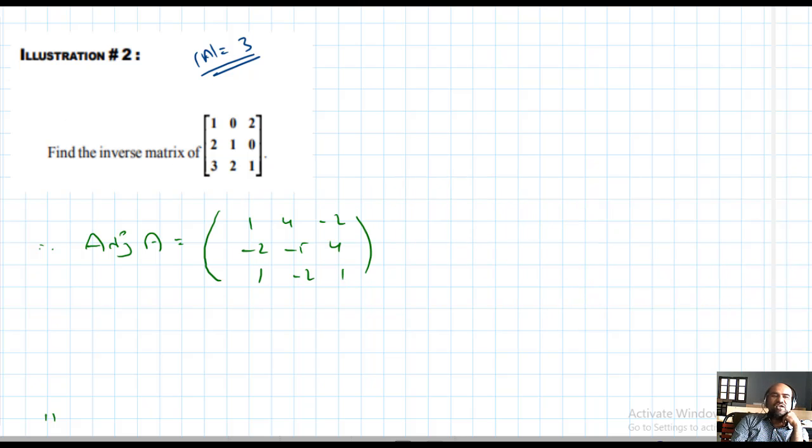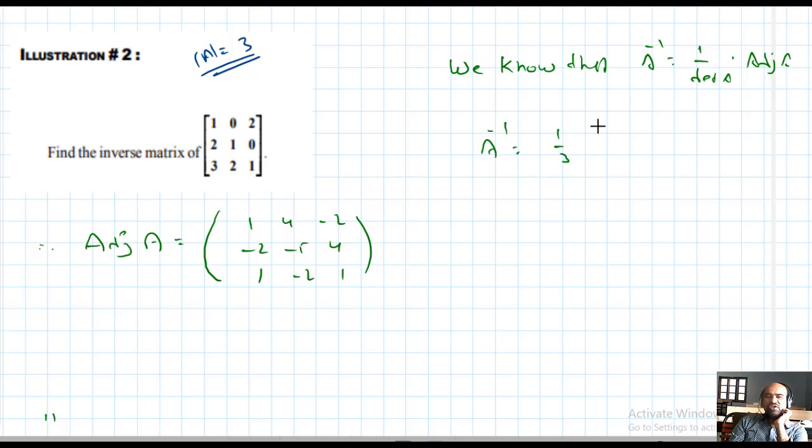Now I can find the inverse directly. We know that A inverse equals 1 by det A into adjoint A. A inverse equals 1 by 3 into 1 4 minus 2, minus 2 minus 5 4, 1 minus 2 1.